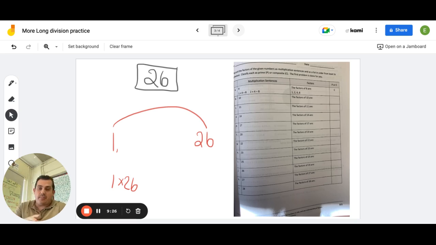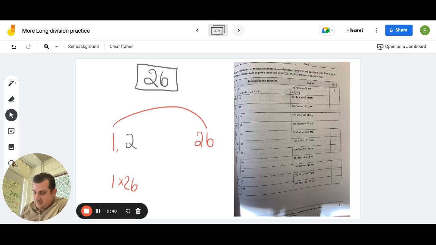Any even number, you can divide by 2. So it's going to be 2, and 2 times what gives me 26? Well, here I know that 2 can go into 2 one time, and 2 can go into 6 3 times.